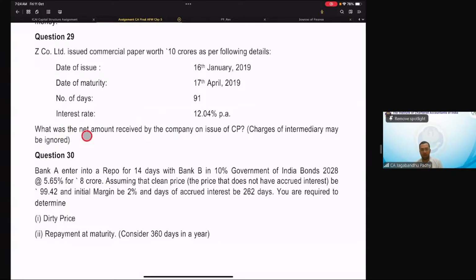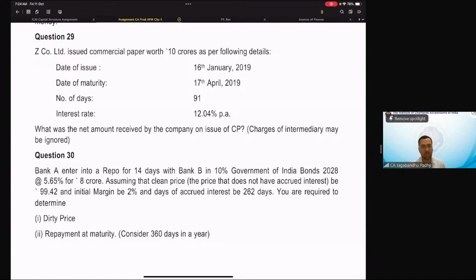The amount received by the company will obviously be after taking into account the discounting part. The rate of interest is 12.04.